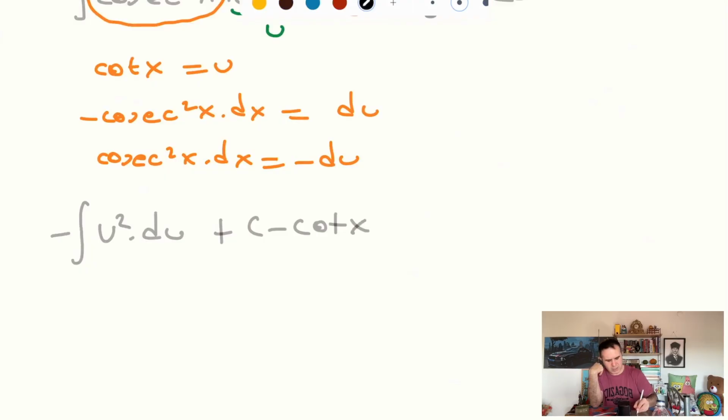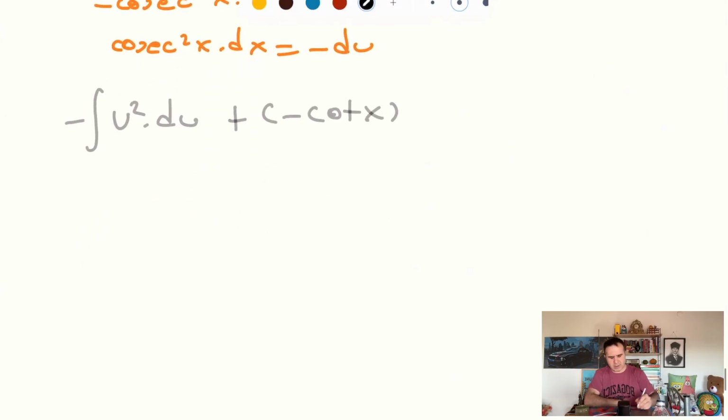Minus cotangent x, and minus, in order to find the integral here, we add 1 to the exponent of u, 2 plus 1, and the exponent becomes 3. Then we divide by 3, and minus cotangent of x.